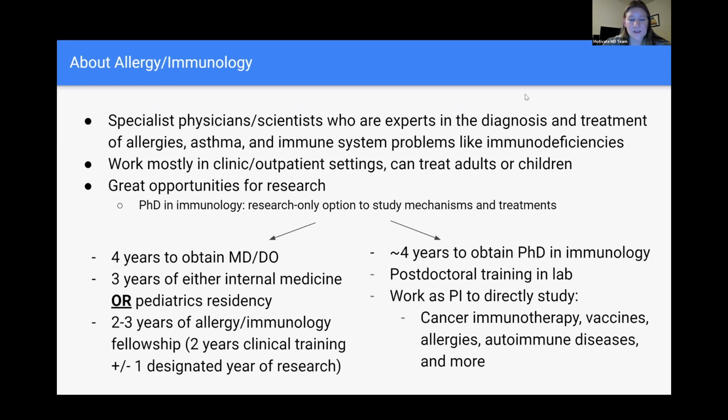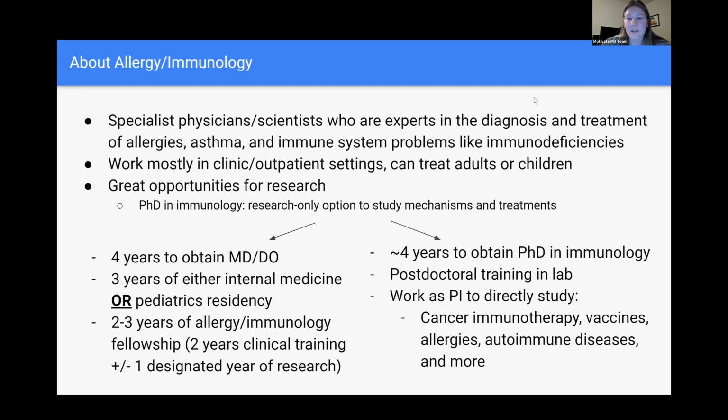They work mostly in a clinic or outpatient setting, as there are not that many inpatient allergy problems. People can come to the emergency room for allergic reactions, but they're treated by an emergency medicine physician, and people don't really get admitted for anaphylaxis. So you do a lot of clinic and outpatient work.